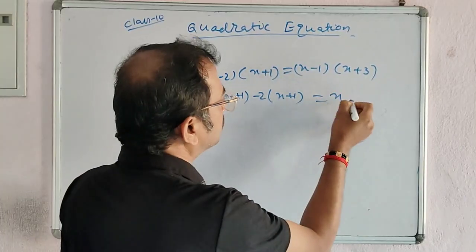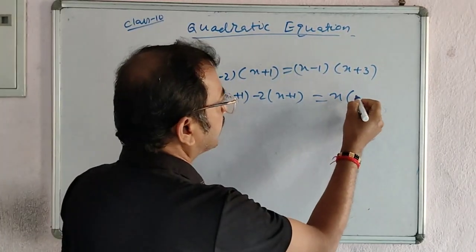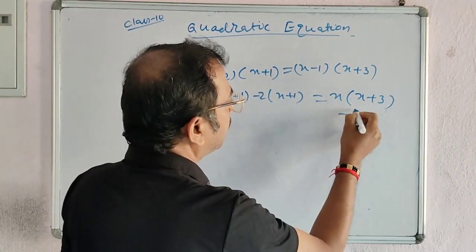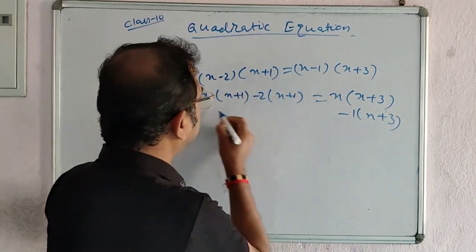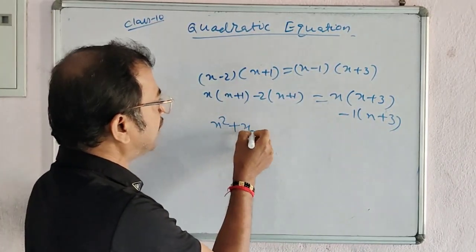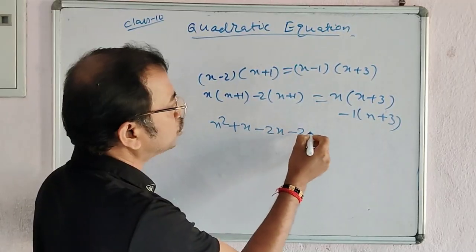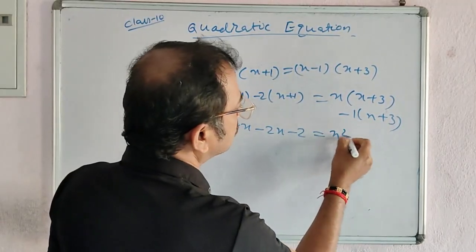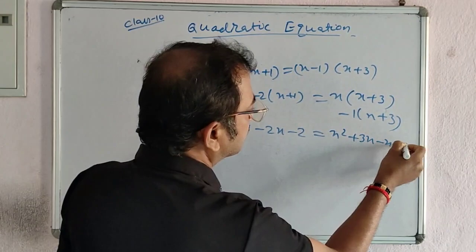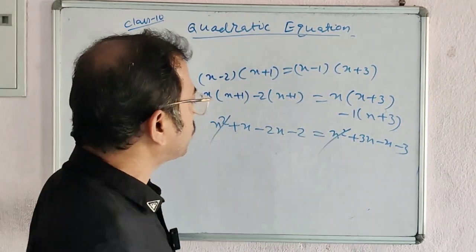Similarly here also you can do the same thing, by distributive property, x into (x plus 3) minus 1 into (x plus 3). So it is x square plus x minus 2x minus 2 equal to x square plus 3x minus x minus 3. x square is cancelled.